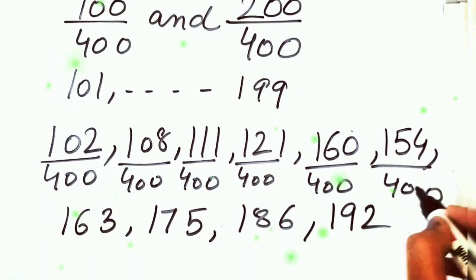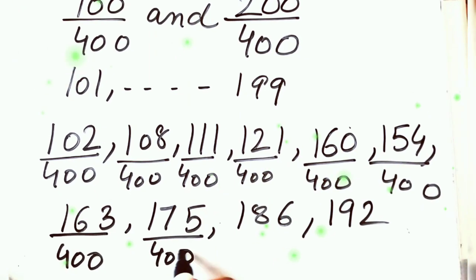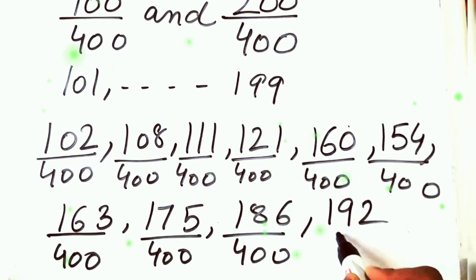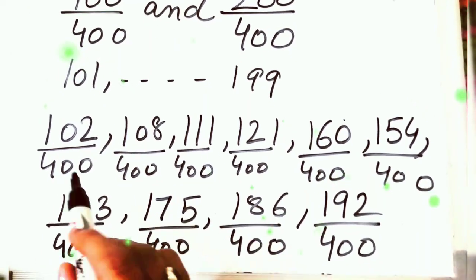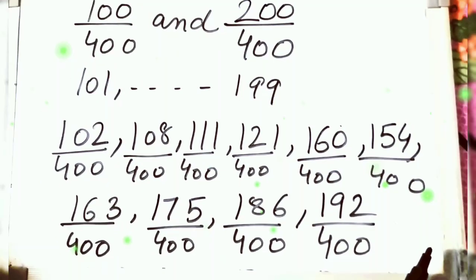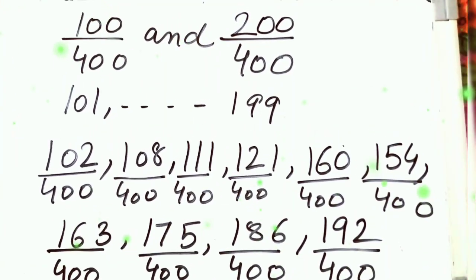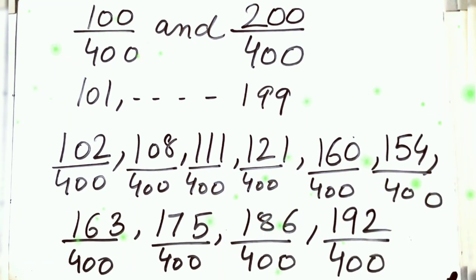Now in this question we wanted to find out 10 rational numbers, right? So 1, 2, 3, 4, 5, 6, 7, 8, 9, 10. So you have seen that in some cases multiplying by 10 does not help. So in that case you have to multiply by 100.